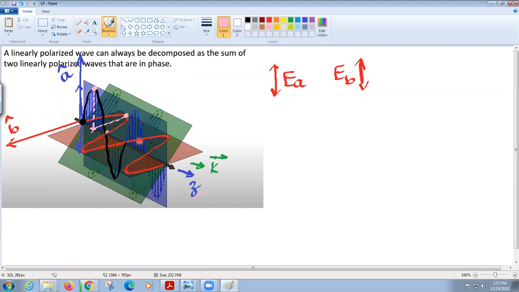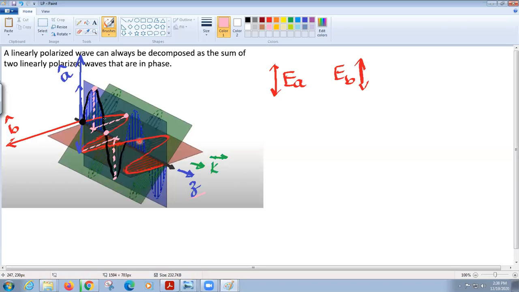And again you come here, EA is coming to 0, EB is also 0 in this case. And again, at this point of Z, EB is maximum, EA is also maximum. So therefore, there is no phase difference between EA and EB.